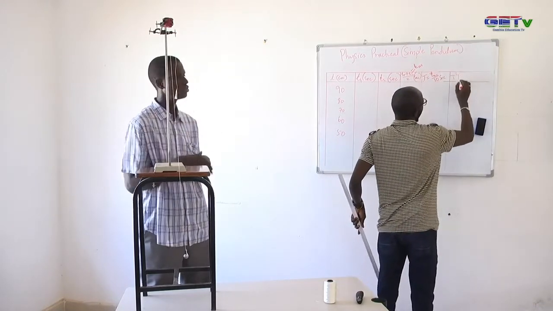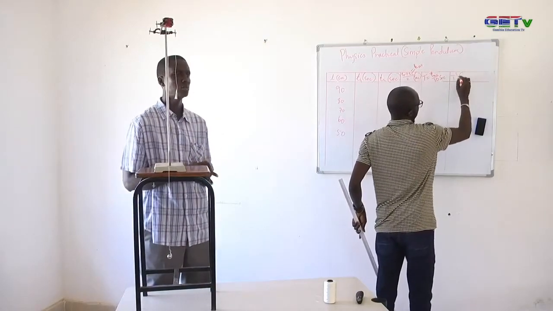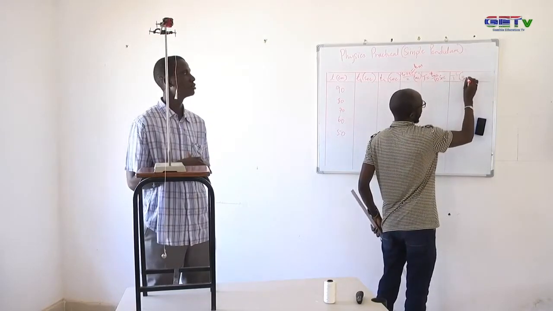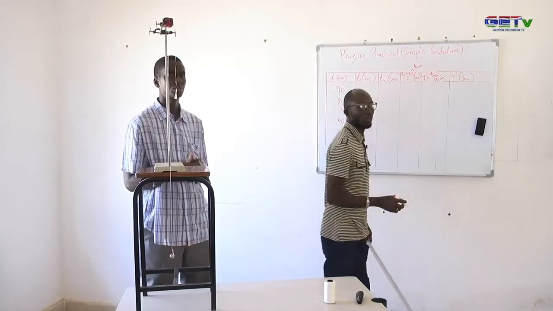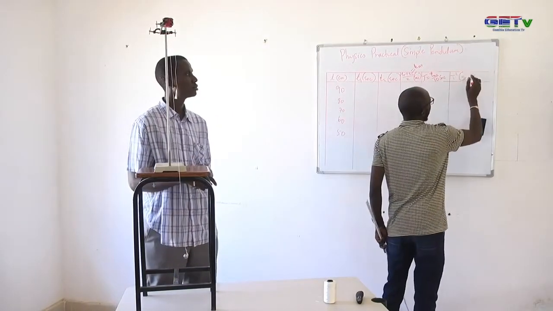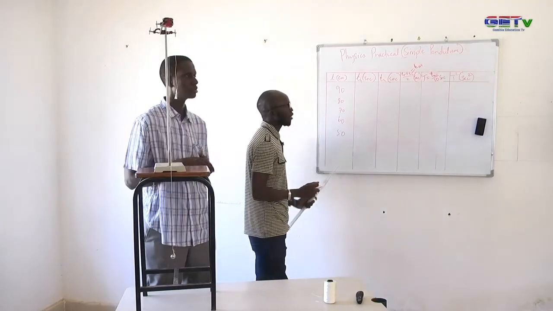And t squared is nothing but whatever value that you have here is what you are going to square. Now the problem with some students here too, they will just see t and they will write seconds. T squared, they will write seconds, which is going to be wrong. It's going to contradict your work. So for t squared, obviously the unit will be seconds squared. Now this is what we have.